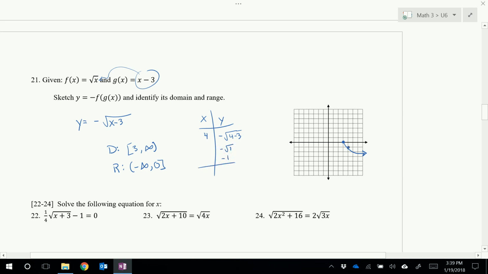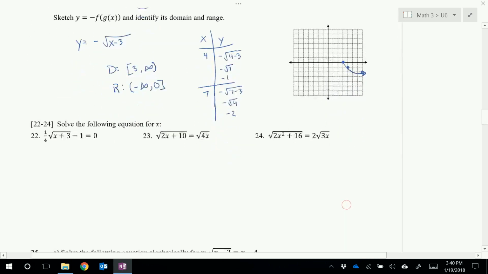So we know it's going through the point 4, -1. If we try 7, we end up with -2. So about right there.